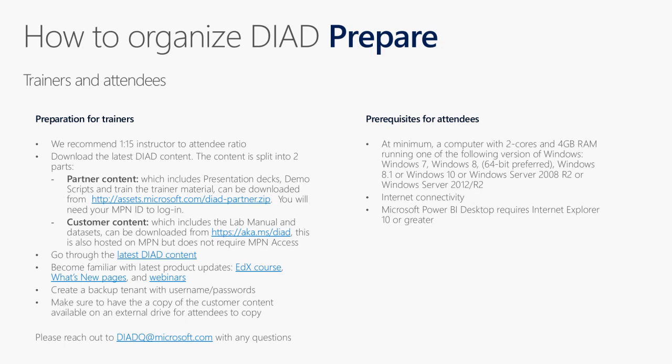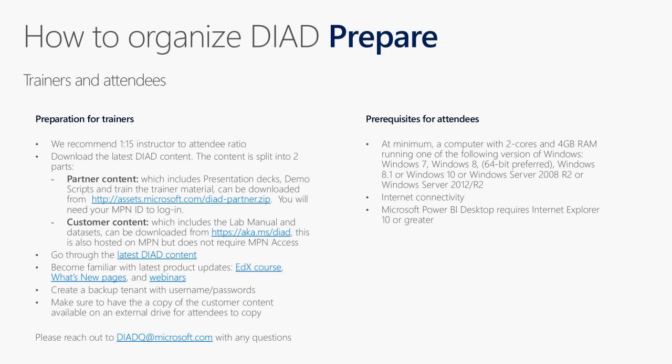And they need Power BI Desktop installed, and it requires Internet Explorer 10 or higher. Those are the minimum requirements for attendees. They're included in the emails that you send them, and hopefully those won't be a problem for any of your attendees.